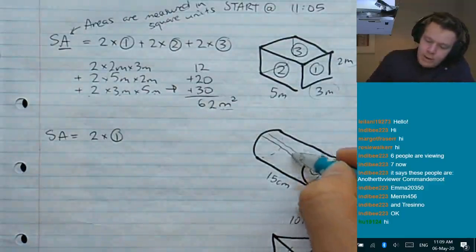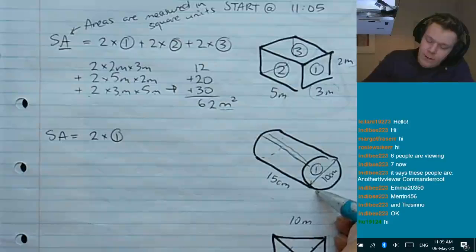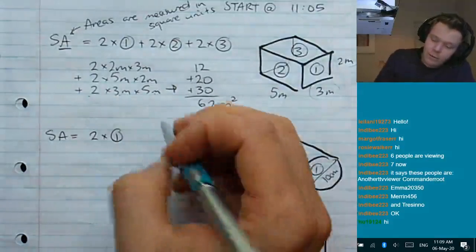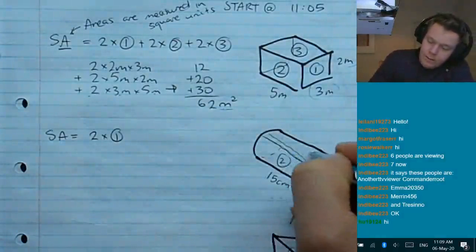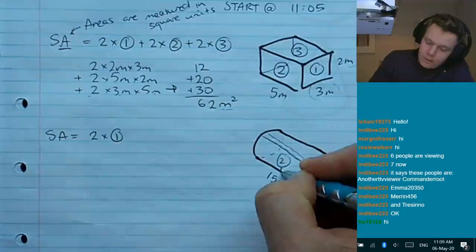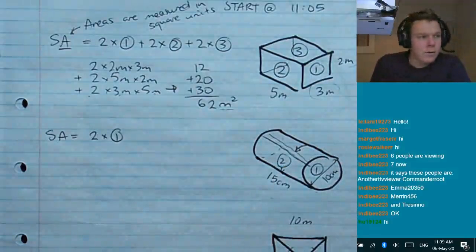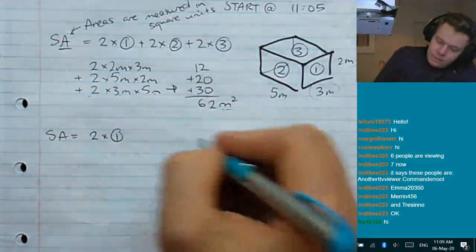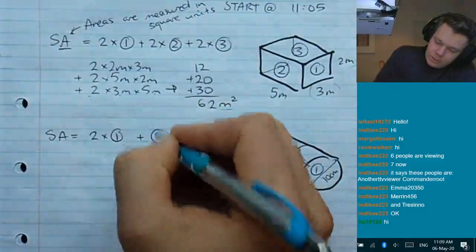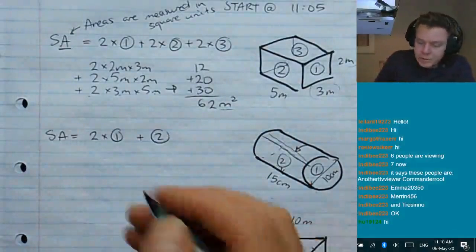I like to put a line down the middle, because we're going to peel away that part around the cylinder. That's going to be side 2, and it goes all the way around, comes back up, and finishes on the other side. So plus side 2.